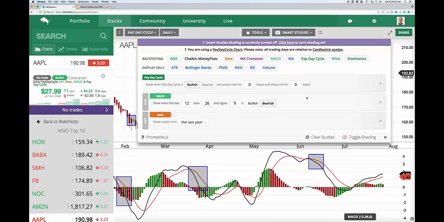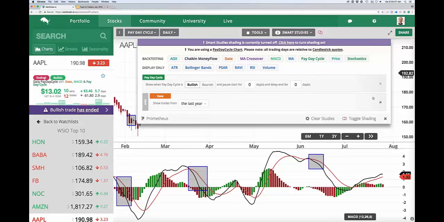However, when the MACD is bullish, they tend to last a lot longer, about 6 days. So you get about twice the amount of days out of it when the MACD is bullish.